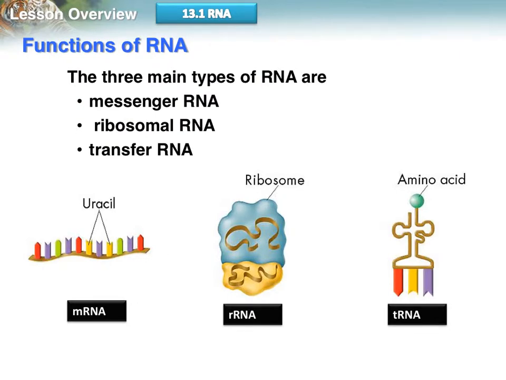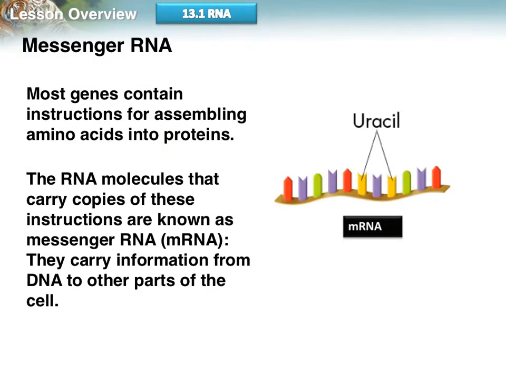There are three main types of RNA. There's messenger RNA, which we abbreviate mRNA, ribosomal RNA, which we abbreviate rRNA, and transfer RNA, which we abbreviate tRNA.